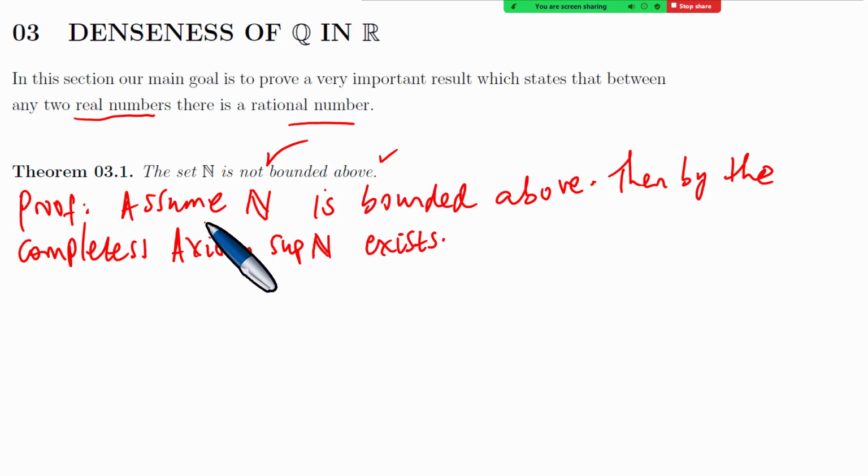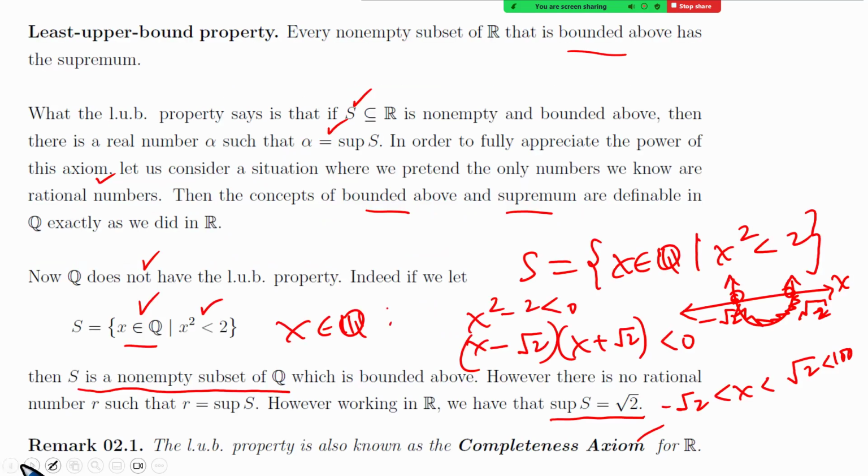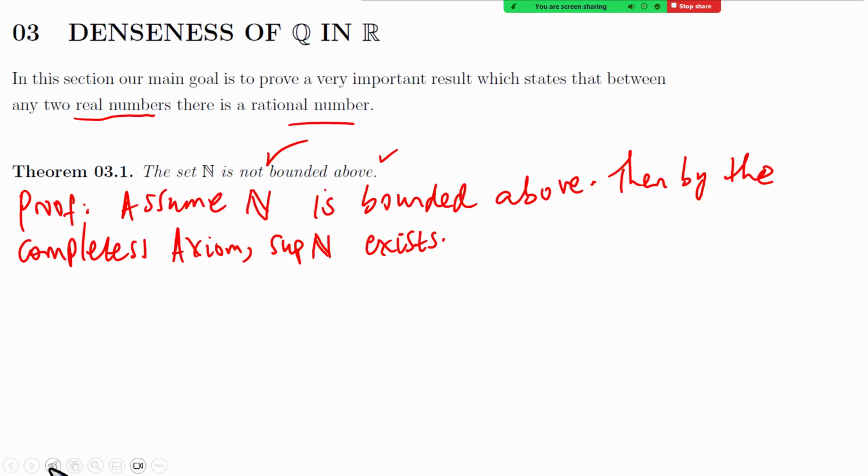If we assume the contrary, that it is bounded above, then it has an upper bound. If it has an upper bound, by the completeness axiom, and we have said the LUB property is also known as the completeness axiom, so if there's the least upper bound, then we can use the completeness axiom. So by the completeness axiom, the supremum of N exists. How? Because we assume that N is bounded above, and therefore it has a supremum. It has the least upper bound. It is an LUB.